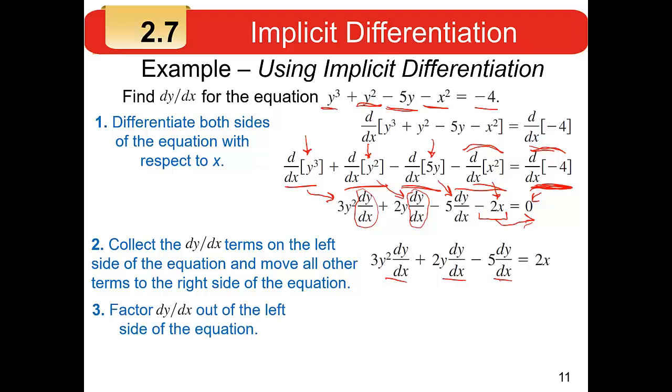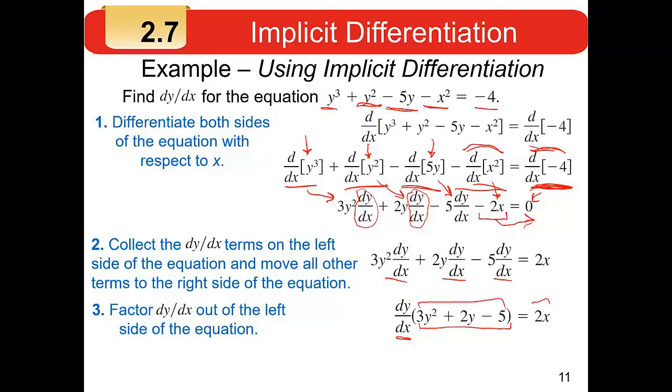Since you've got a dy over dx in each term on the left, if you factor it out, you're only left with a trinomial multiplied by dy over dx equal to 2x. The last step then is to solve for dy over dx by dividing both sides by this trinomial.